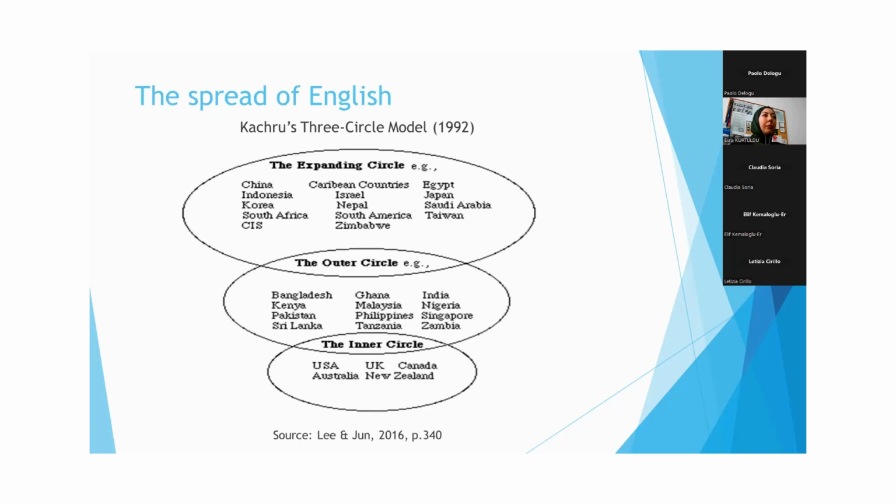So the spread of English, according to Crystal, started with colonization. The colonization period really accelerated this process because we can see here on the outer circle, countries were included in learning and using English because it became their second language or sometimes official language.